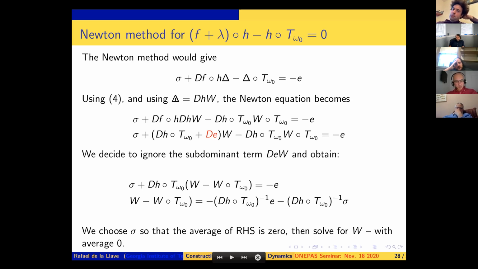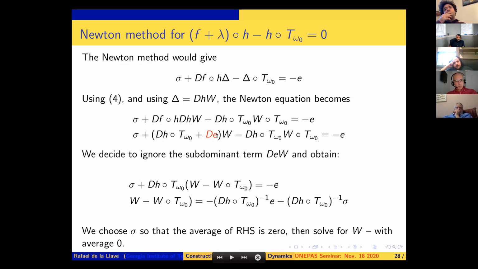I am seeking delta, but now I am seeking W, which is related to this. But the interesting thing is that once you start putting this, then this equation that I had over there, df dHW, using the things I can write it as dH plus dE, right? This is because of equation 4.